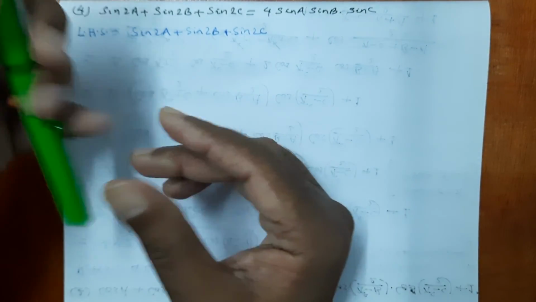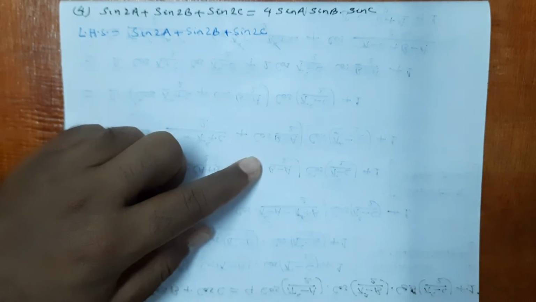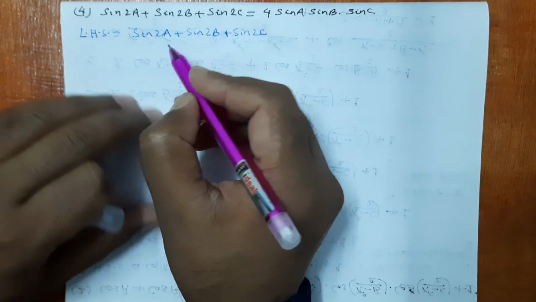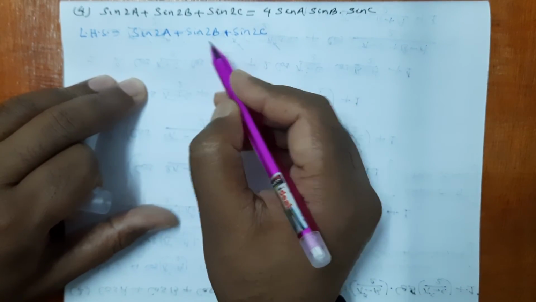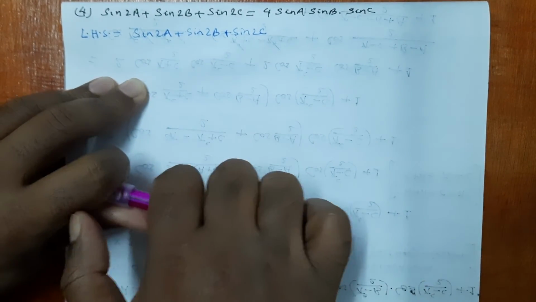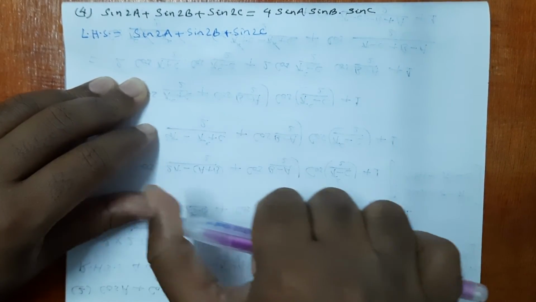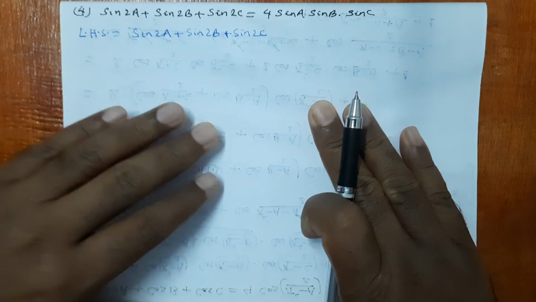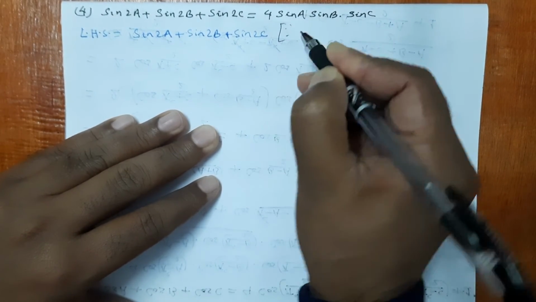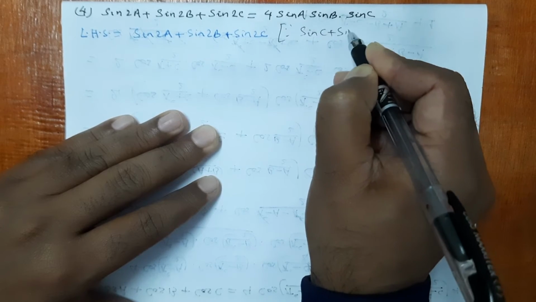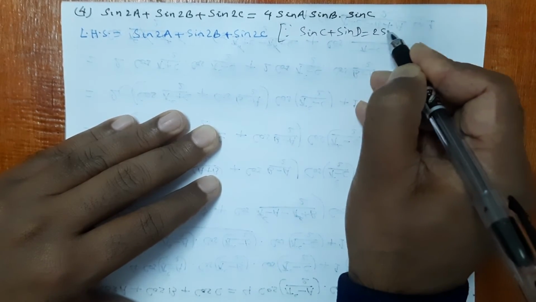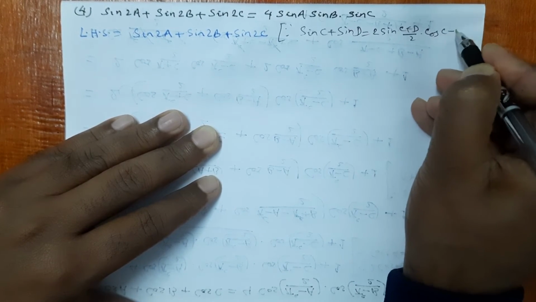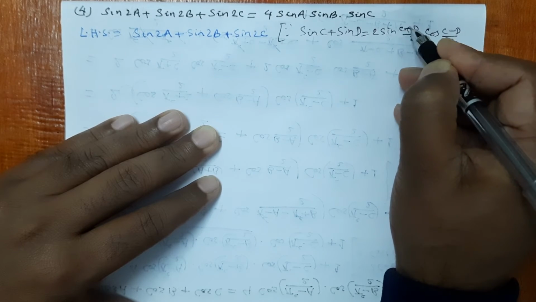Here we can use the sin C plus sin D formula. In place of C we have 2A, in place of D we have 2B. The condition is the same for this also, because it is also a conditional trigonometrical identity. On the side I am writing the formula of sin C plus sin D, that is 2 sin (C plus D over 2) cos (C minus D over 2).